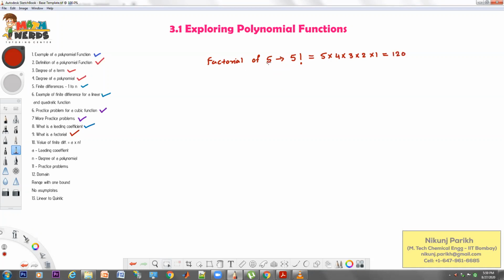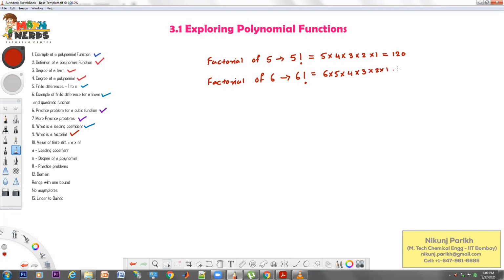So factorial of 5, or 5 factorial, is 120. Find the factorial of 6, which is written as 6 exclamation mark, equals 6 times 5 times 4 times 3 times 2 times 1.